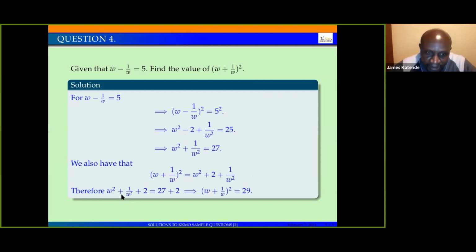So you can just plug it back into this equation. And you obtain the value of W plus 1 over W squared. So 27 plus 2 is 29. And the answer for this is W plus 1 over W squared is equal to 29.